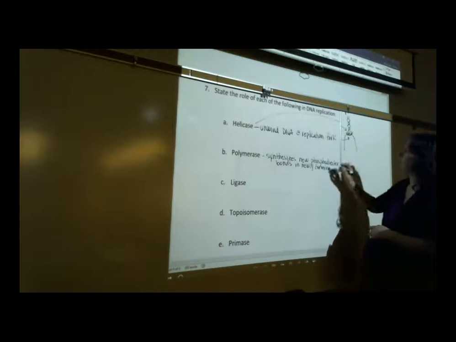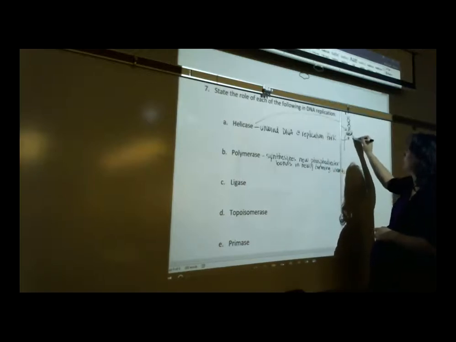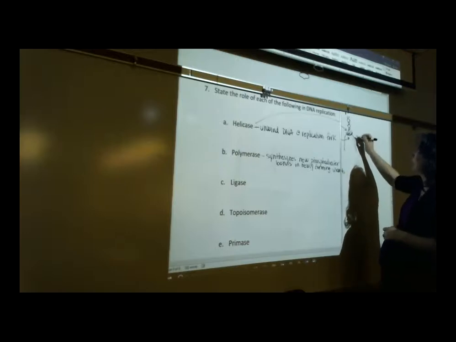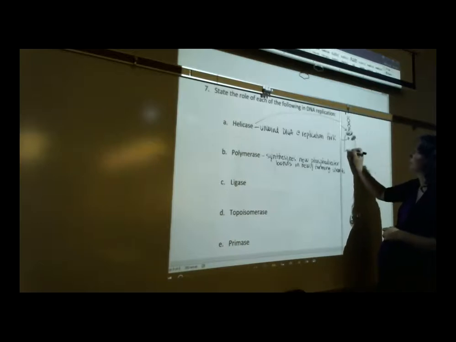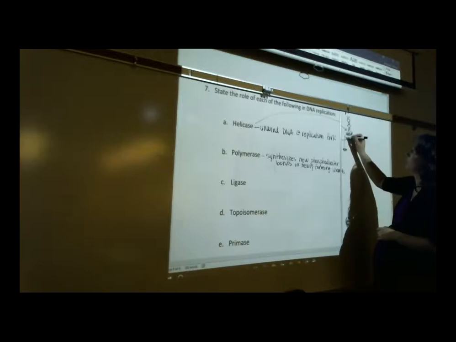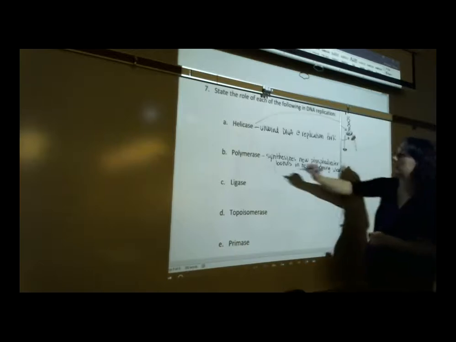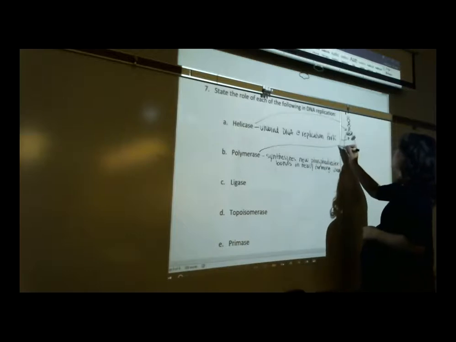So there would be a polymerase anywhere you're forming new bonds, right? The polymerase is going to be moving down the line. And then there's one maybe leading, one that's lagging. The polymerase is the protein that's making those new phosphodiester bonds.